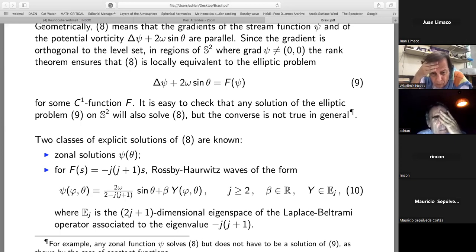And then, when big F is a linear function, but not just any linear function, when big F is this specific linear function related to the spectrum of the Laplace operator, there are these explicit solutions. So what are these solutions?